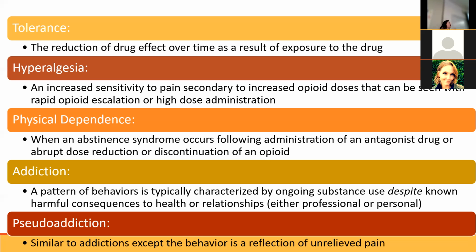Pseudo addiction is incredibly similar, but they're doing those same behaviors because they're actually in pain. It's very difficult to treat pain in somebody who's also addicted because there is crossover. You don't not treat pain in somebody just because they have addiction. You still need to treat their pain.